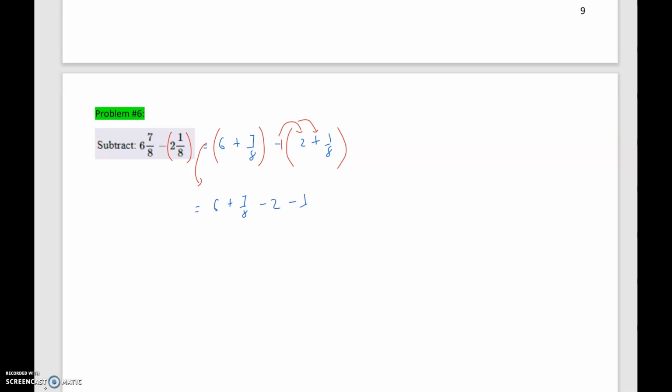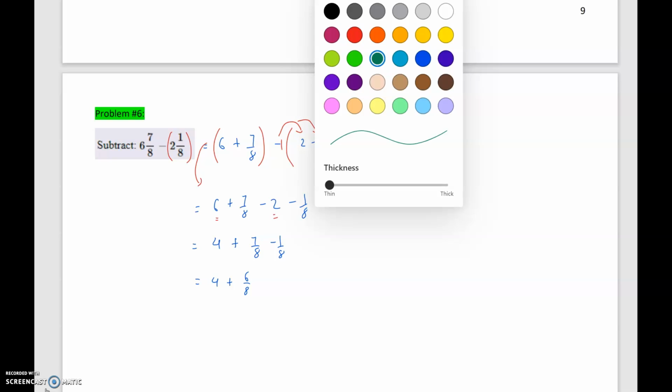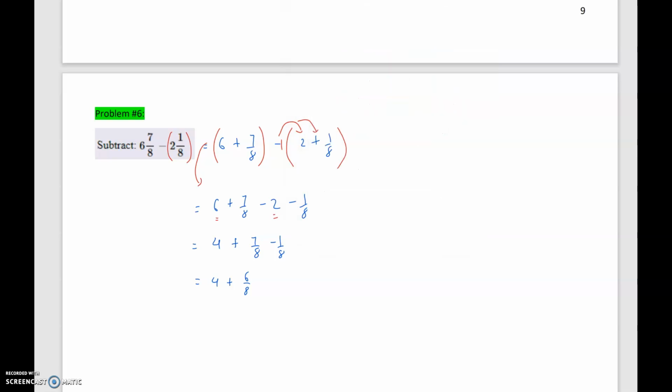So we're technically looking at 6 plus 7/8 minus 2 minus 1/8. And if we combine the like terms, in this case, I'm going to combine the integers. We're just going to get a 4 plus 7/8 minus 1/8, or 4 plus 6/8. And then we can reduce further the 6/8.